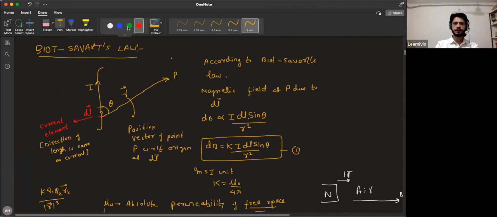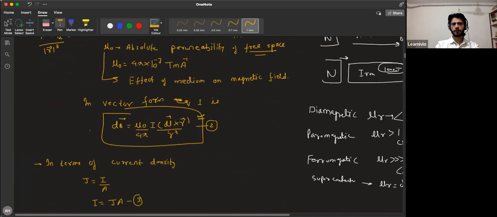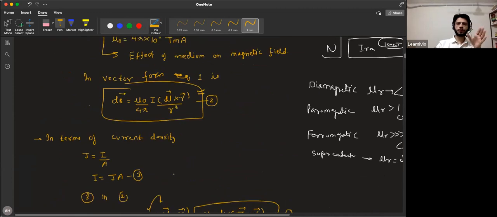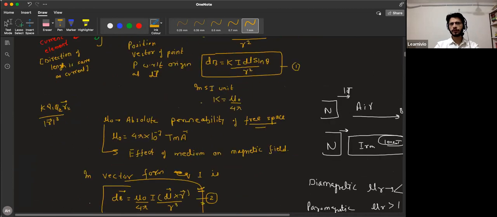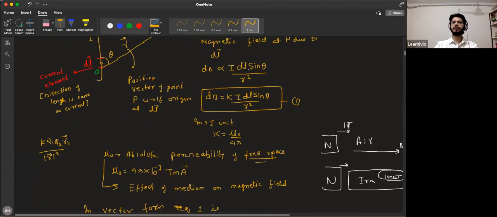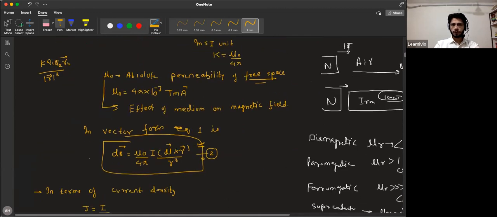We consider this dl element as the origin. When you open this cross product, you will get k I dl sine theta by r square, where k is mu naught by 4 pi. Through this expression, you can decide the direction of magnetic field.